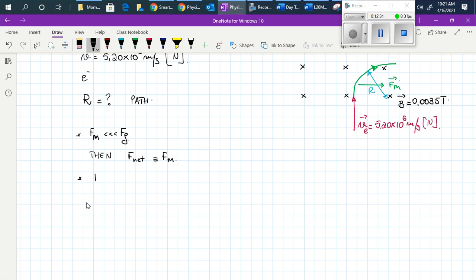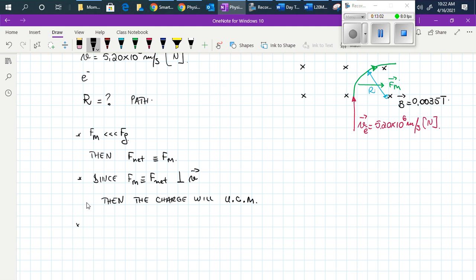The second one is since magnetic force that is equal to force net is perpendicular to the velocity, then the charge, which is the object in our case, will obtain uniform circular motion.